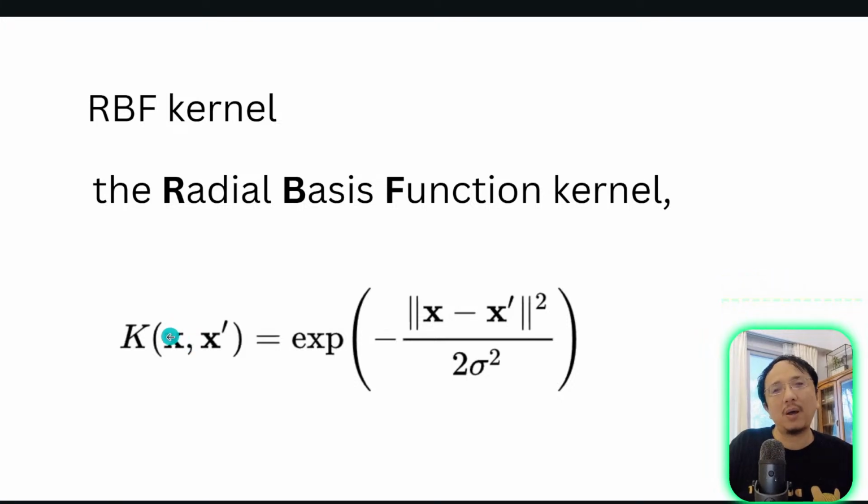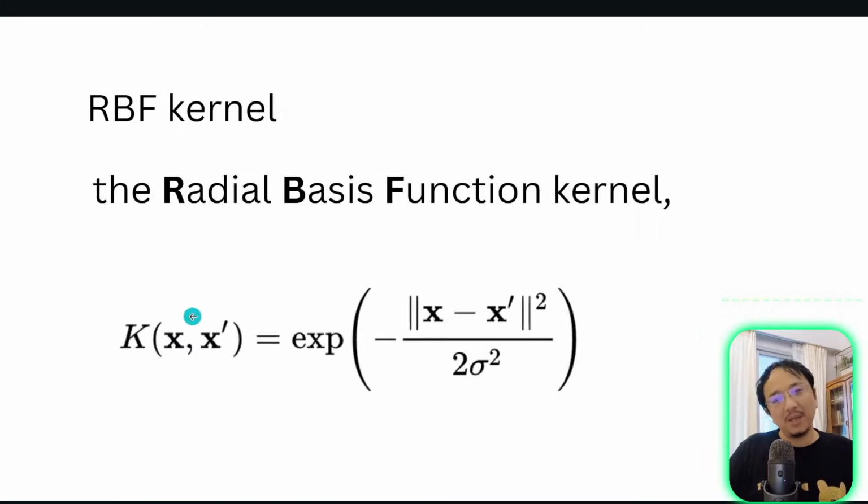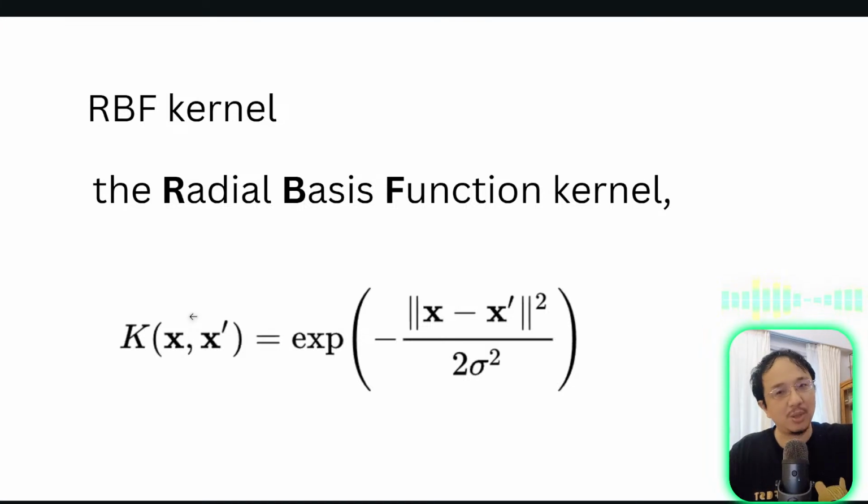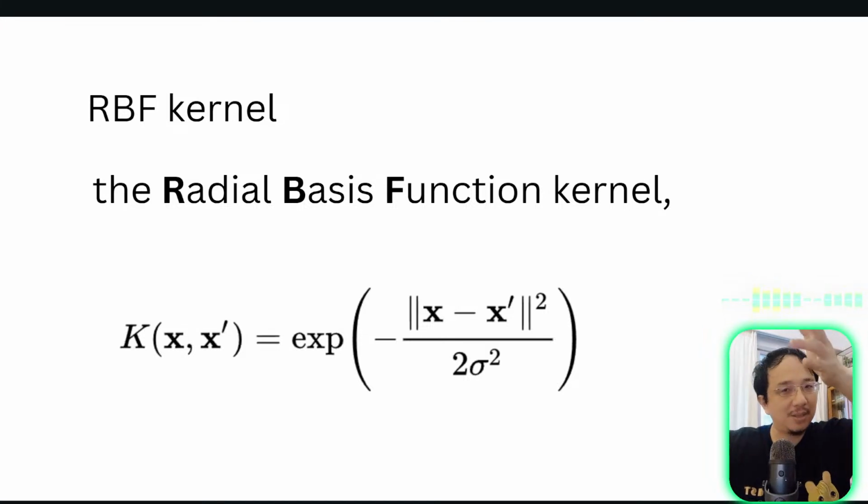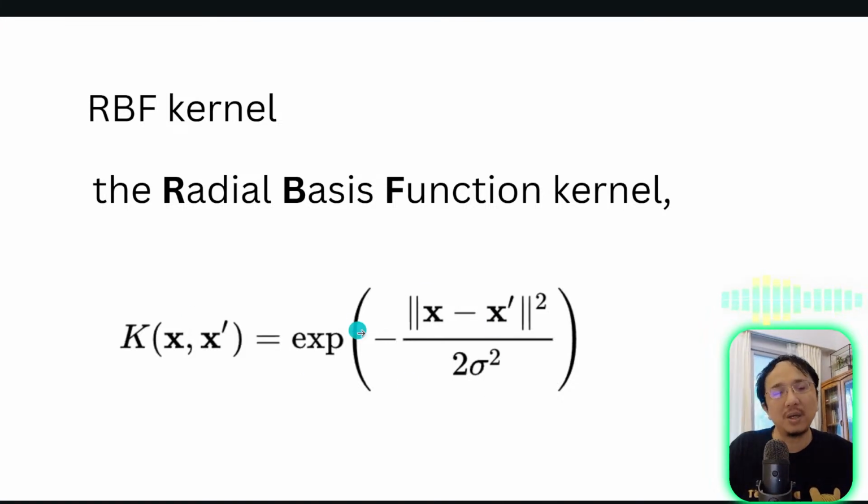If two samples have the same distance in the original space, then the kernel of these two, or the inner product between them in the new feature space, will be the same. It only depends on a single variable, that is the distance between them. So that's called the RBF function.